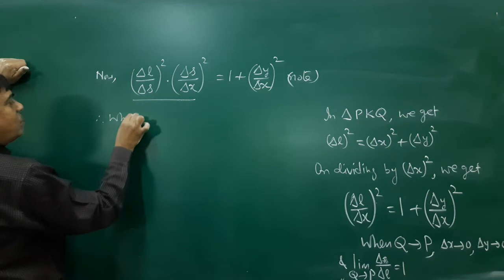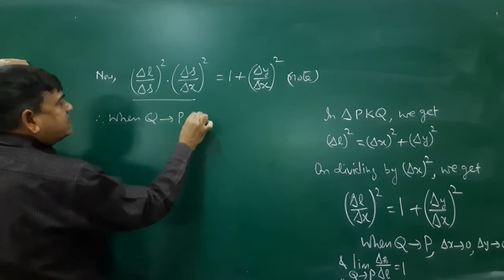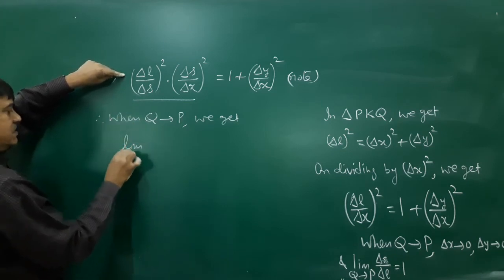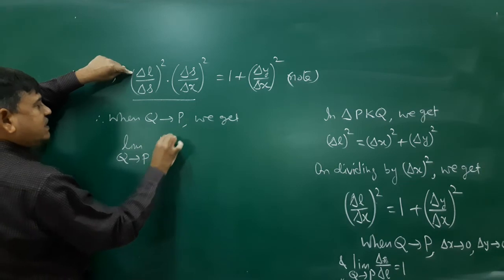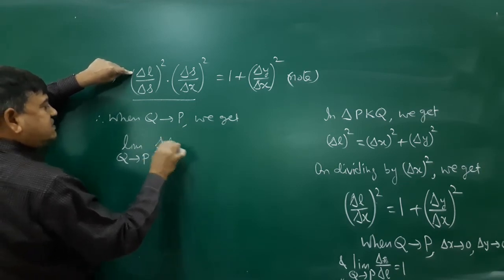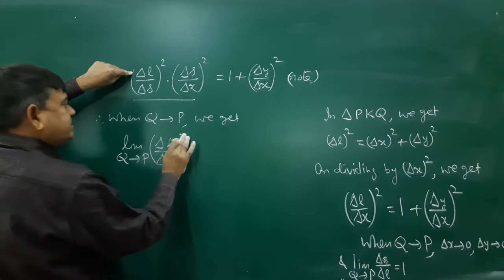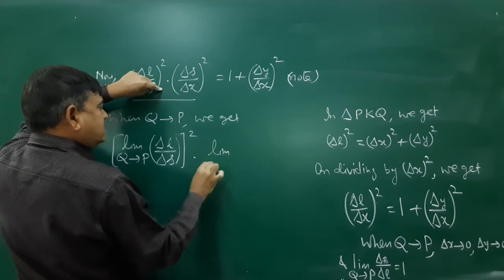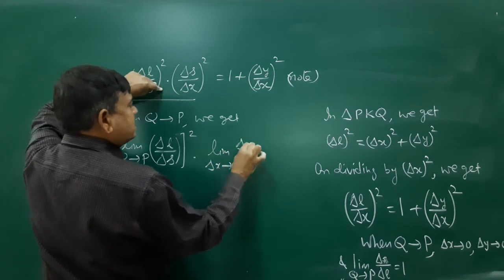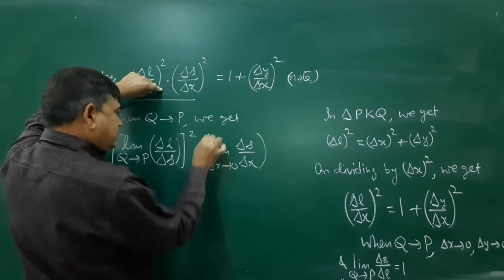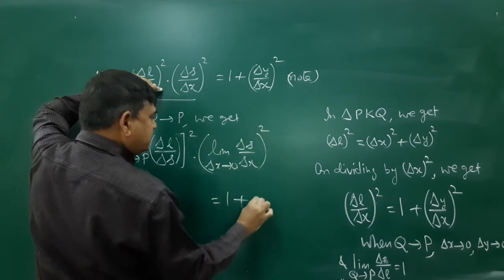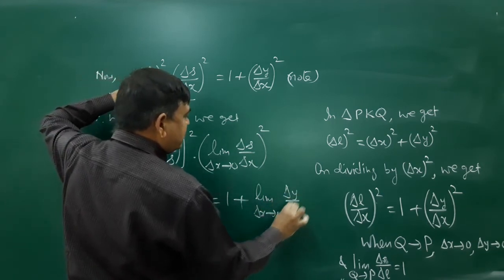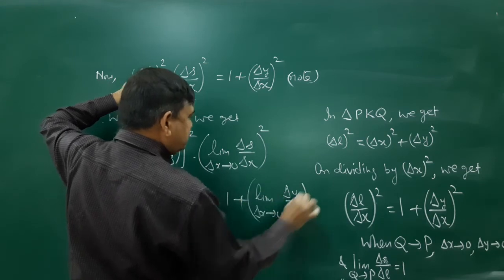Therefore, when Q tends to P, we get limit Q tends to P, delta L upon delta S whole square, into limit delta x tends to 0, delta S upon delta x whole square equals 1 plus limit delta x tends to 0, delta y upon delta x whole square. It is this.